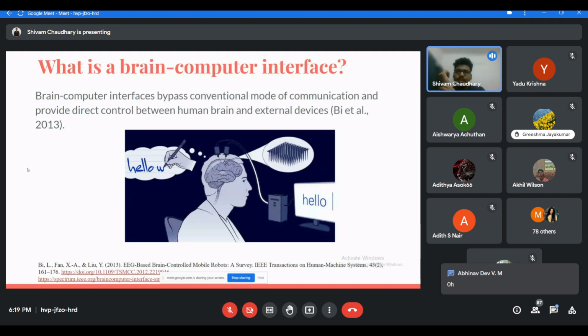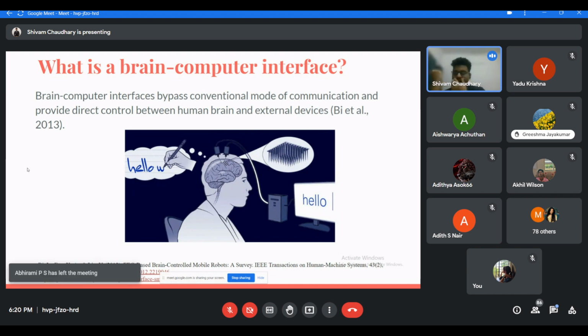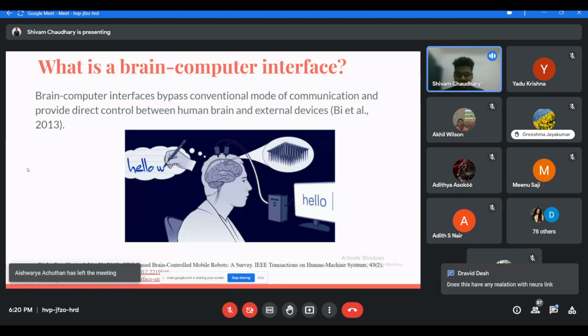But what about people who have a spinal cord injury, or people whose muscles have degenerated, or people with paralysis? They won't be able to do it. So a brain computer interface bypasses the conventional mode of communication and provides a direct control between the human brain and external devices.